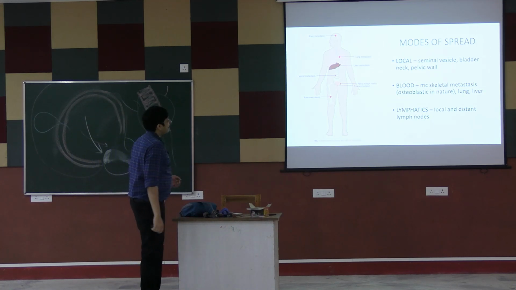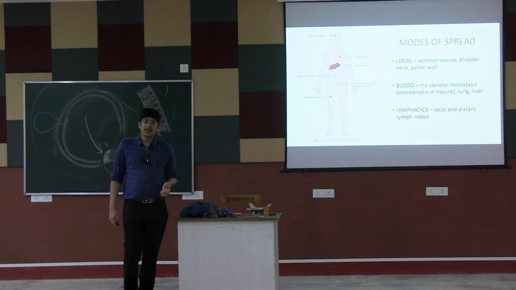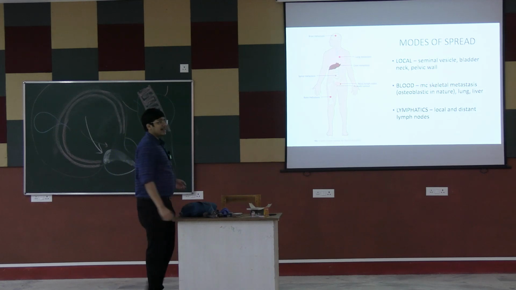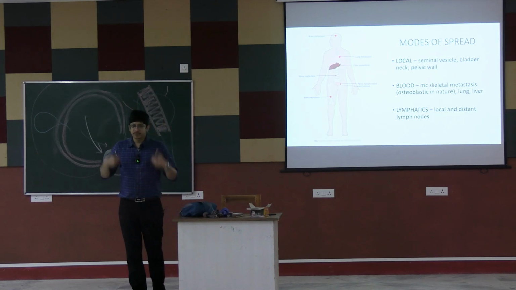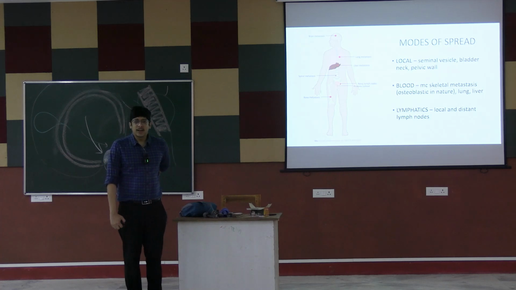And then we have the blood spread. The most common site of spread in prostate cancer is the axial skeleton. Most commonly we find metastasis in the lumbar vertebra.